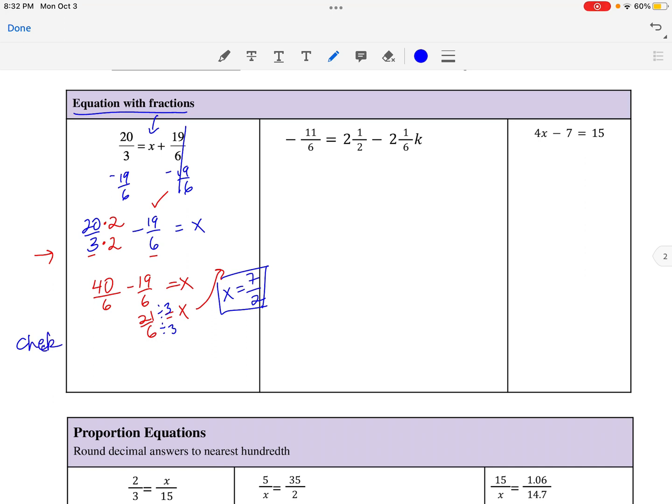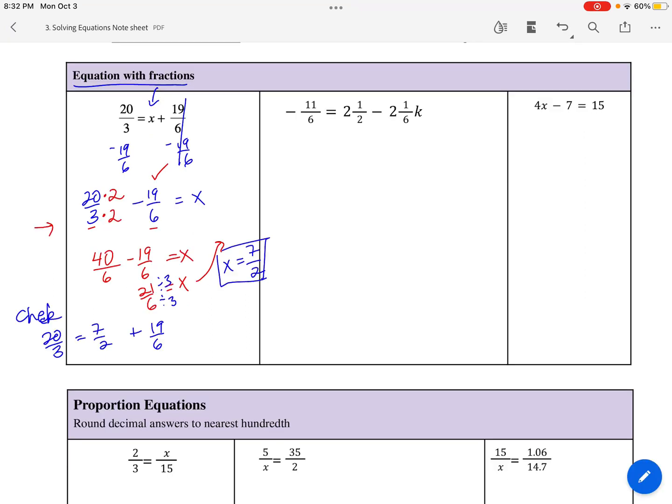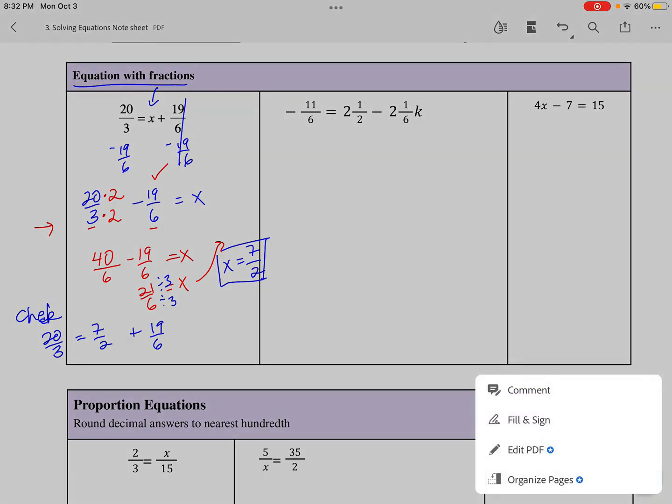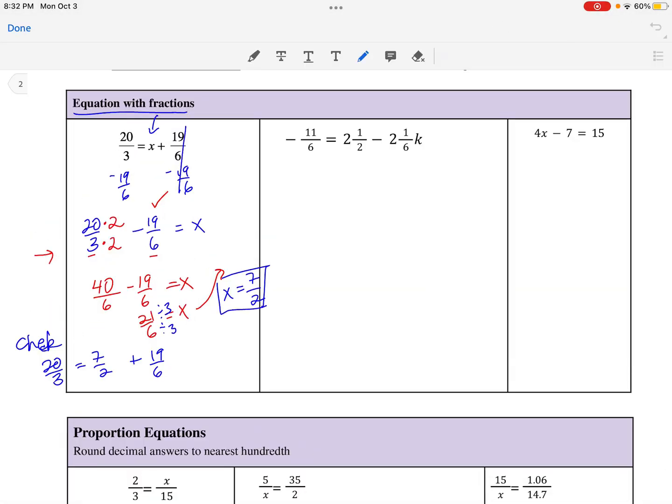We got to plug it in to check. So is it true that 20/3 equals 7/2 plus 19/6? Now again, I'm going to need a common denominator to be able to add 7/2 plus 19/6. And remember, I'm checking, I'm asking, is this equal?